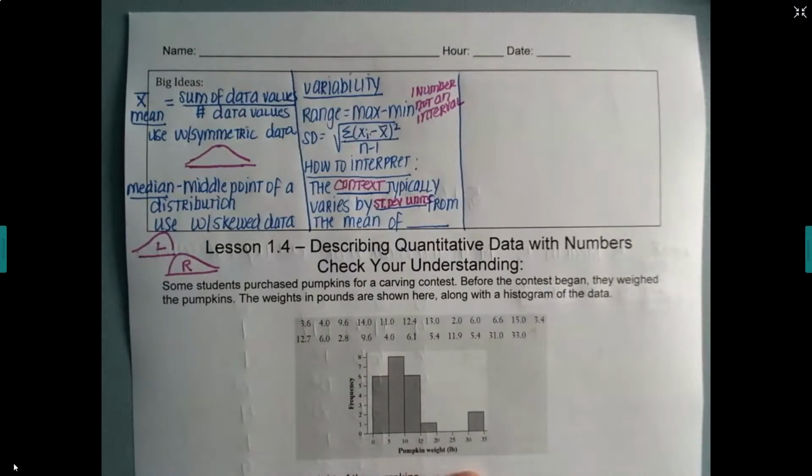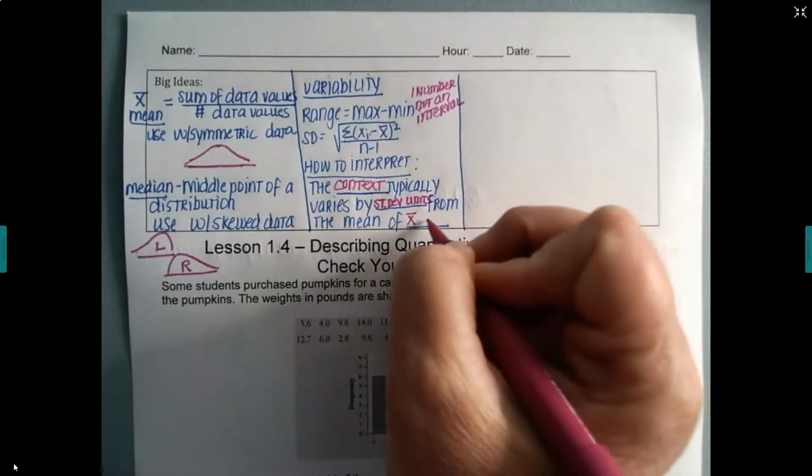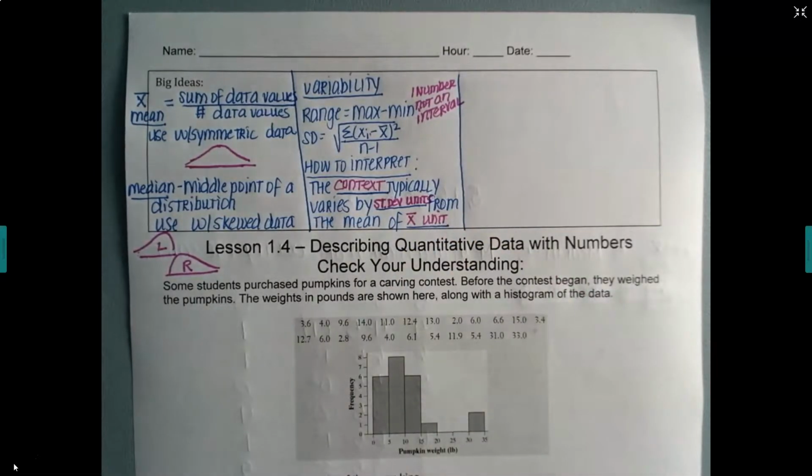In our pumpkins down here it says pounds. So whatever the standard deviation number is, pounds, from the mean of whatever the mean is and its unit. So it's kind of a plug in the blank.